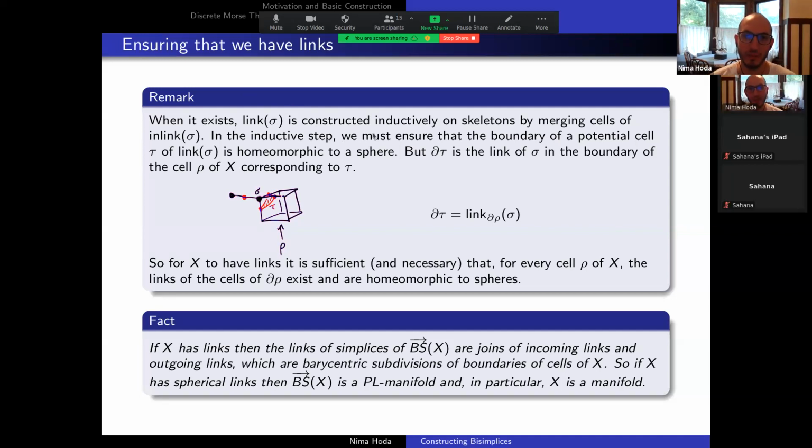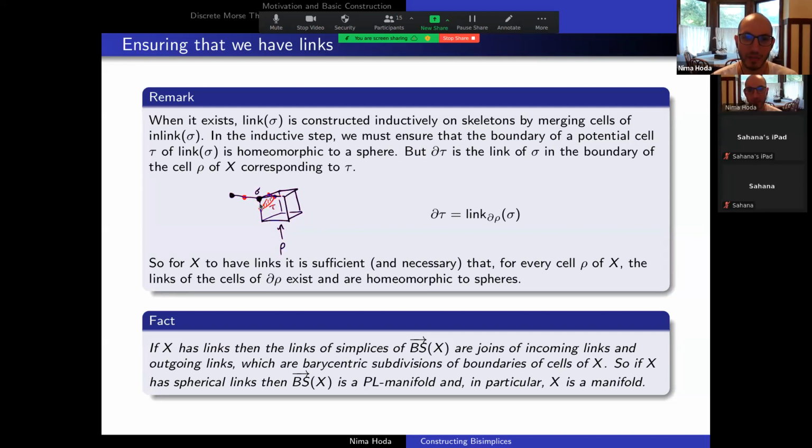So consider the case where we're looking in the link of sigma, and we have a potential cell tau. We've got its boundary, and we have to ensure that that boundary is homeomorphic to a sphere. Well, the boundary of that cell tau is the link of sigma in the boundary of the cell rho that corresponds to tau. Okay.